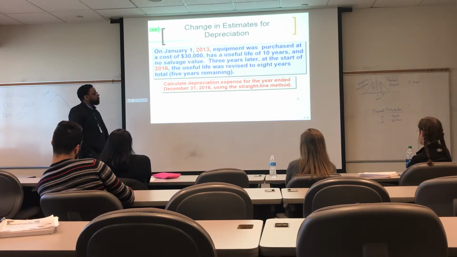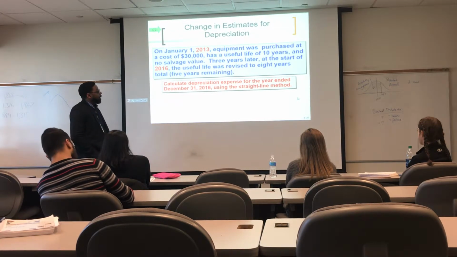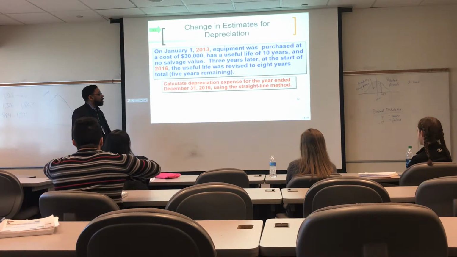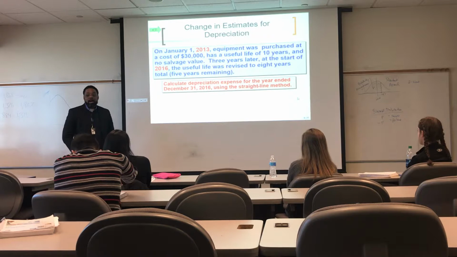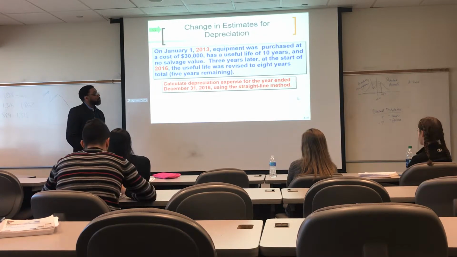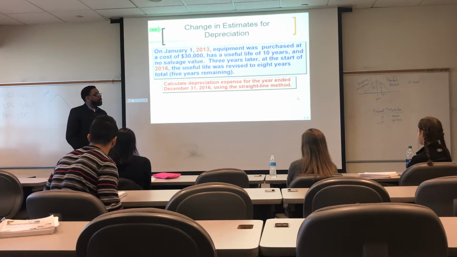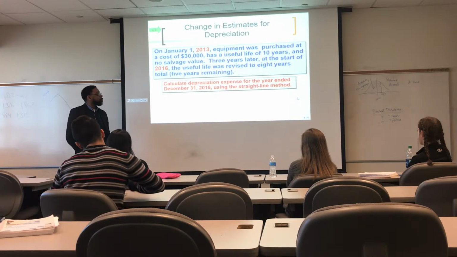It had a useful life of 10 years and no salvage value. 3 years later, at the start of 2016, the useful life was revised to 8 years total, 5 years remaining. So it started off with a useful life of 10 years, now they say, no, we think it's only 8. What do we do?